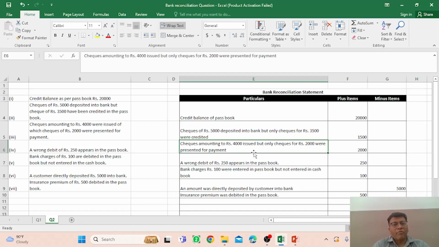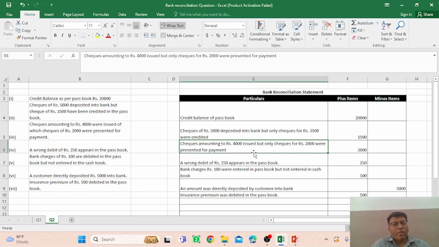And checks of rupees 5,000 deposited into bank. Keep in your mind that the opposite book is passbook. In this case, because the passbook balance is given to you, we have to observe each transaction and sense where the impact is on the cash book because of the opposite book.